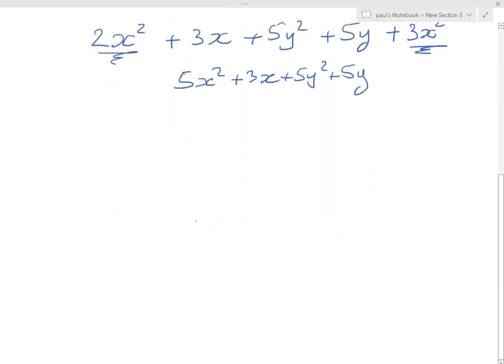Now, we're going to multiply. Now, simplifying only happens when you add and subtract. So if you multiply algebra together, you see up here I've got 2x. This means 2 times x. Yeah, there's an invisible multiply sign there.